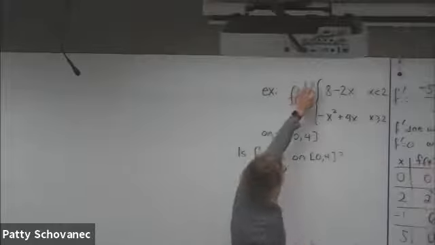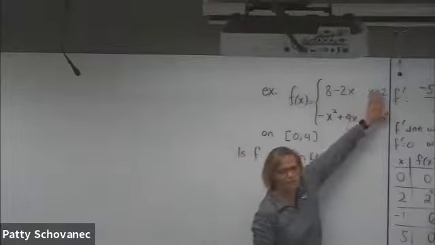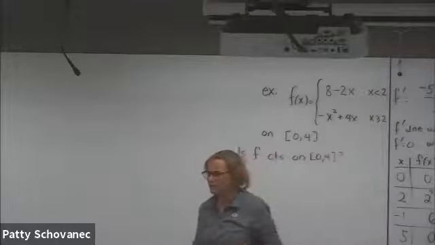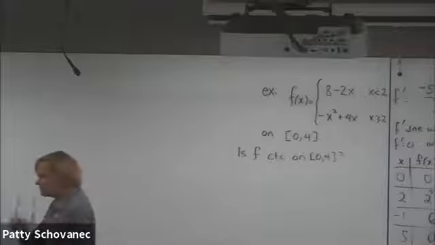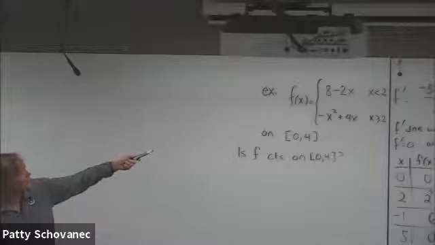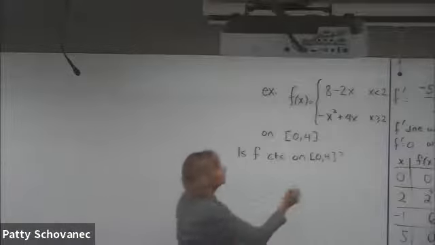I know this looks like a line, that looks like a parabola. So I know those pieces themselves are continuous. We have to make sure that they hook up when x is 2. Do they? I put a 2 in the top, I get 8 minus 4 is 4. Put a 2 in the bottom, I have negative 4 plus 8, which is also 4. So it is continuous there.